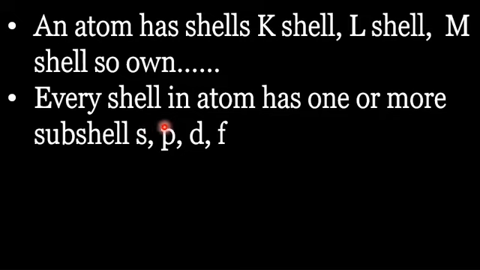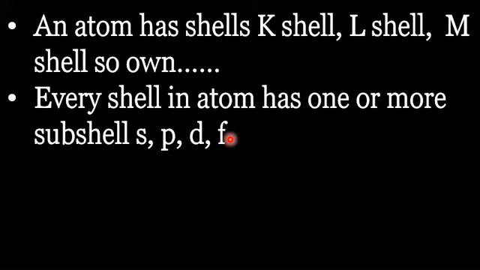A p subshell in any shell has a maximum of 6 electrons. A d subshell in any shell of an atom has a maximum of 10 electrons. An f subshell in any atom has a maximum of 14 electrons.